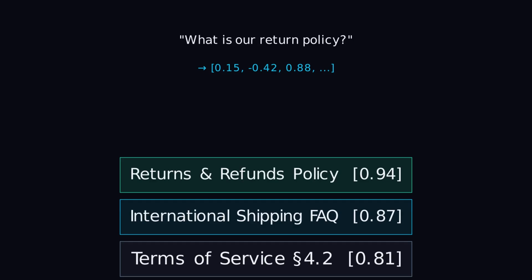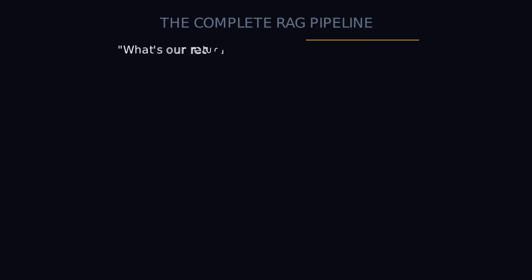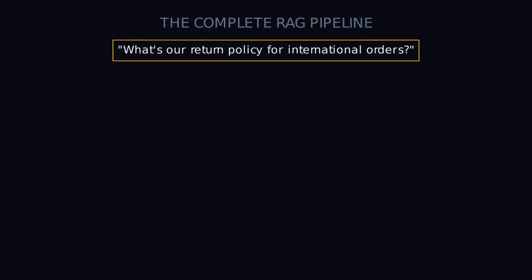Then you search the database, find the top 3, or top 5, or top 10 most similar chunks. This all happens in milliseconds, even with millions of documents. The search result is not documents that contain the word password, it's chunks that are semantically about account access and security. Let's walk through a complete RAG pipeline end to end.